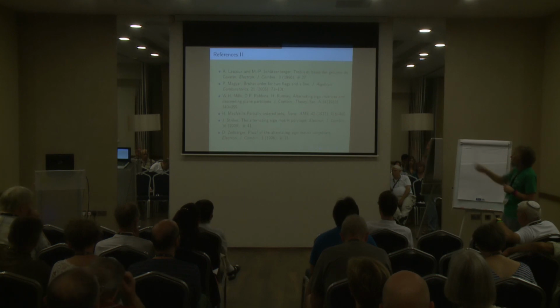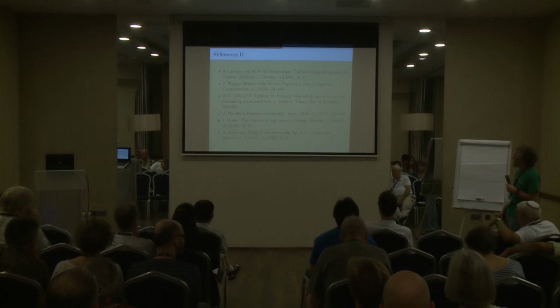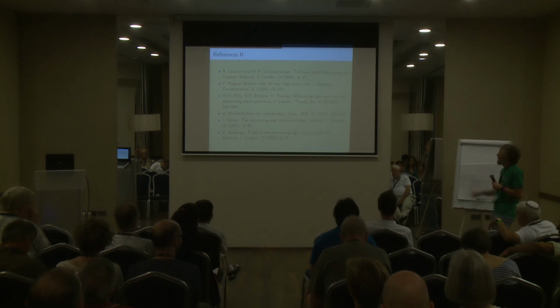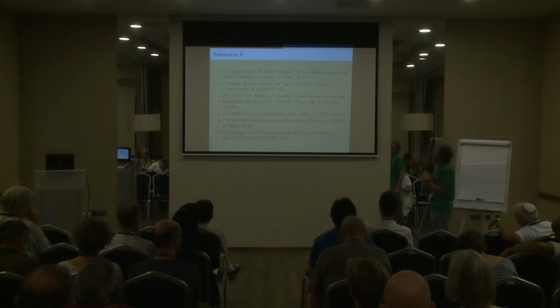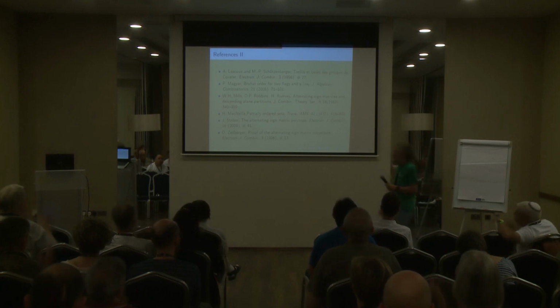There's Mills, Robbins, and Rumsey. There's this wonderful theorem of MacNeille on partially ordered sets. Jessica Striker talked about the alternating sign matrix polytope, it was her thesis actually, published in the Electronic Journal of Combinatorics in 2009. And then there's Doron Zeilberger's proof. And I thank you so much for your attention.